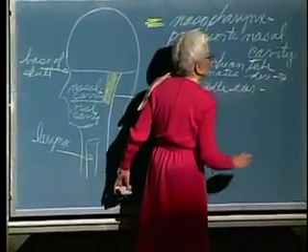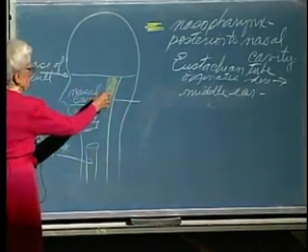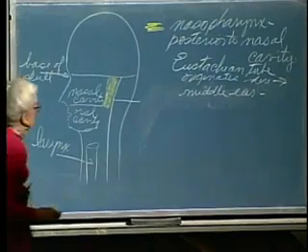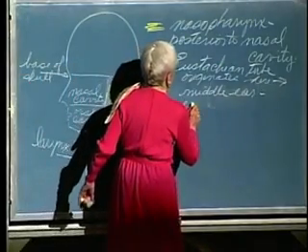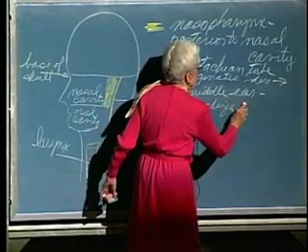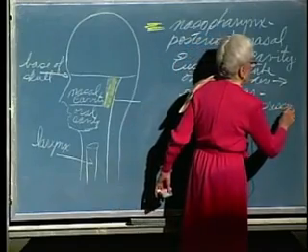Why do we need a tube going from the nasopharynx into our middle ear? To equalize the pressure on each side of the eardrum, your so-called tympanic membrane. It equalizes air pressure.